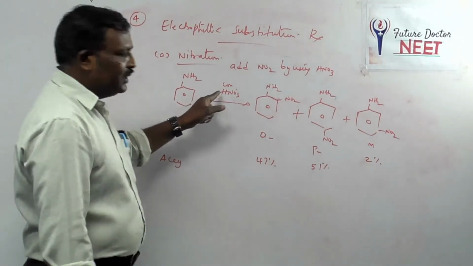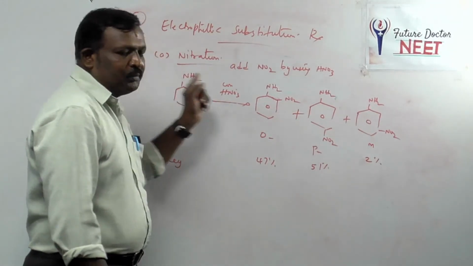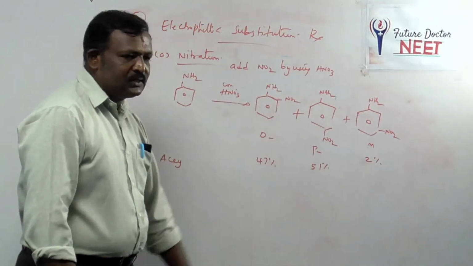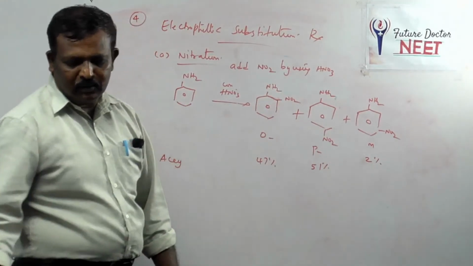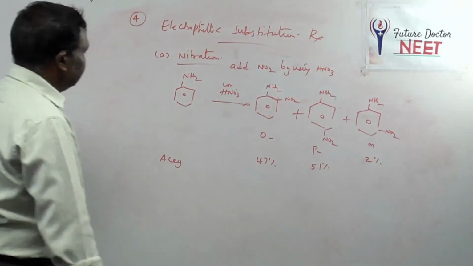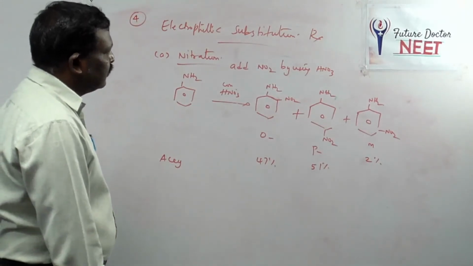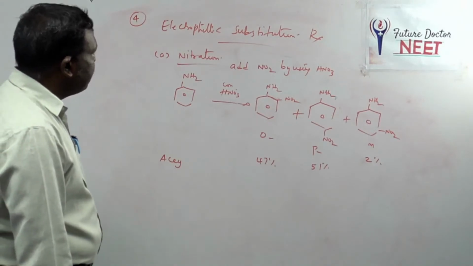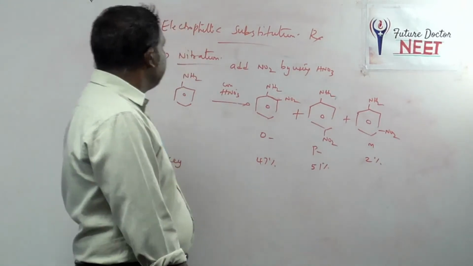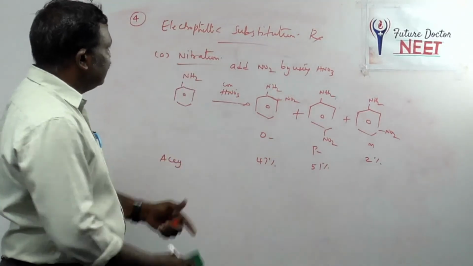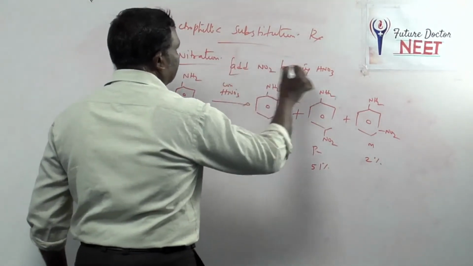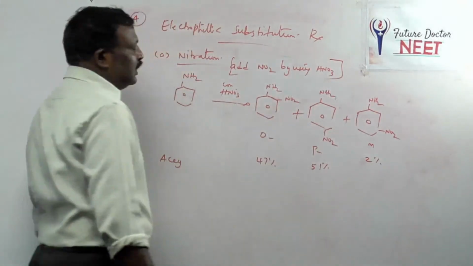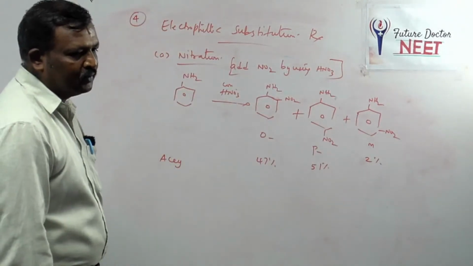Directly if you do nitration, we will be getting the ortho, para as well as meta products. Put the heading nitration. This is the concept: add NO2 by using nitric acid, that's all.